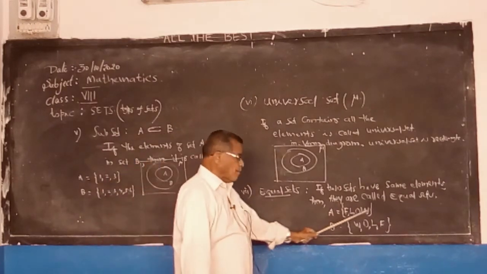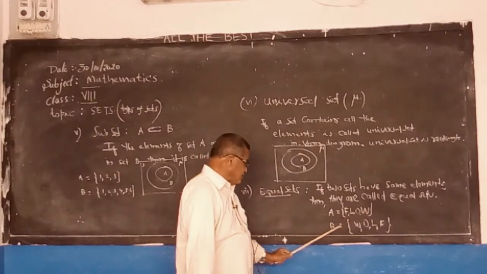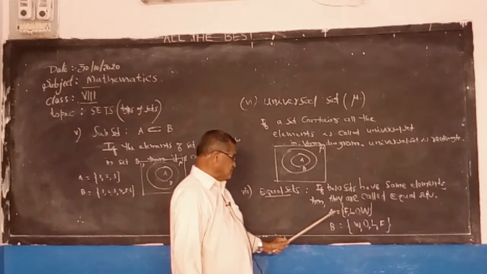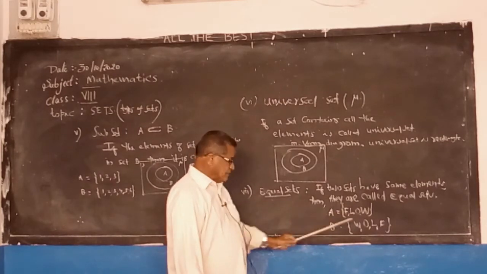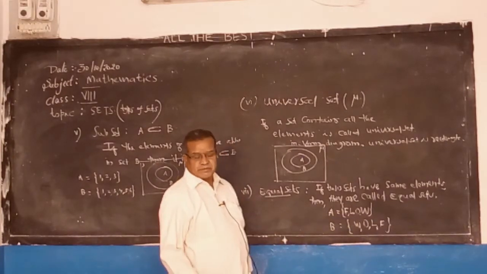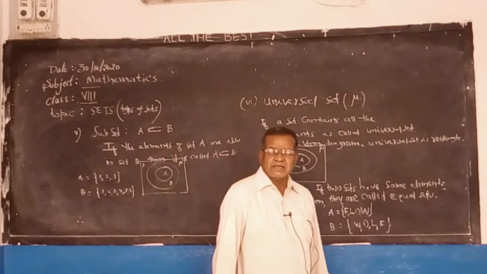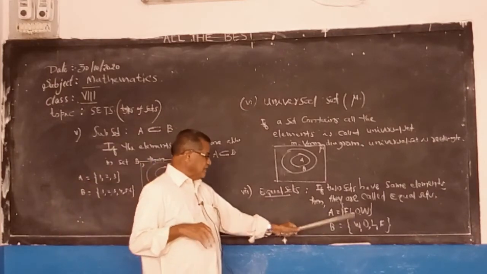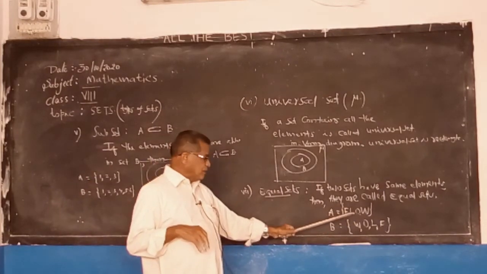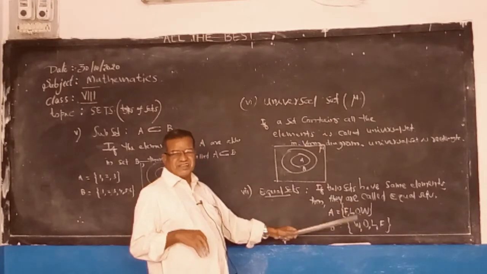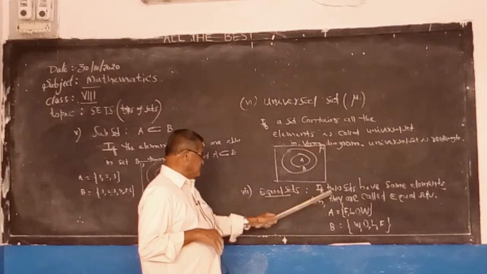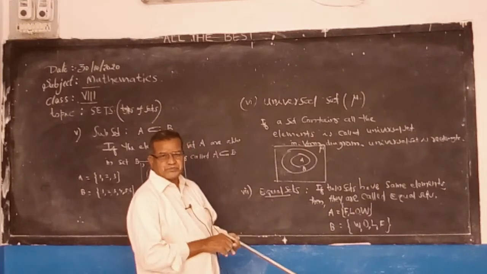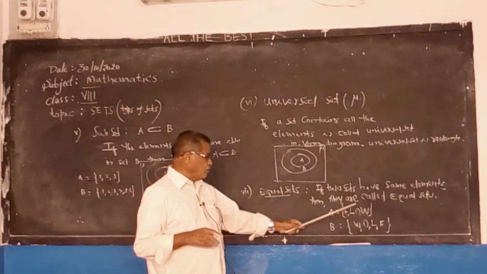This word is flow, this word is wolf. We name the first one as set A and the second one as set B. They are different sets but having the same elements. That's why we say these are equal sets. Very easy to understand. Flow, wolf.